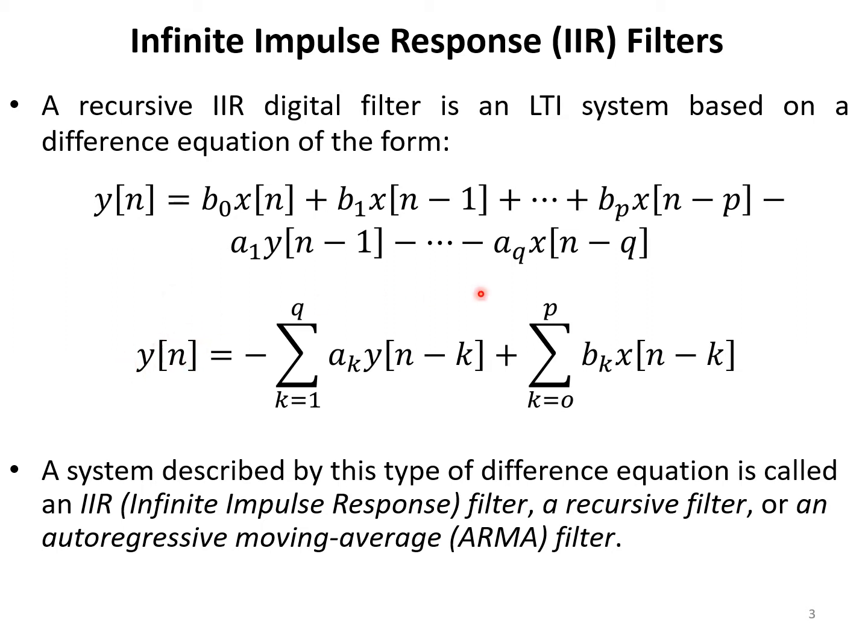It can also be represented in this form. It is a short representation of the same difference equation. Here the number of input terms is P and the number of output terms is Q. Because of the feedback, this filter is also called a recursive filter.